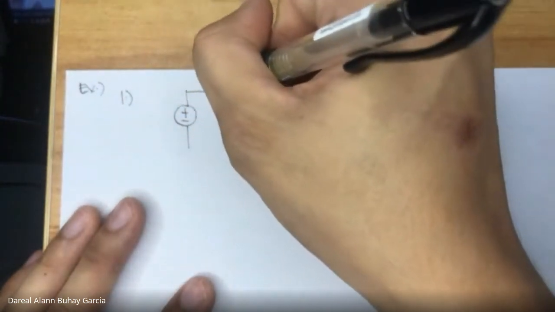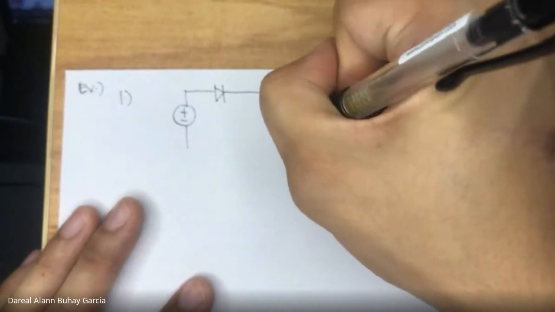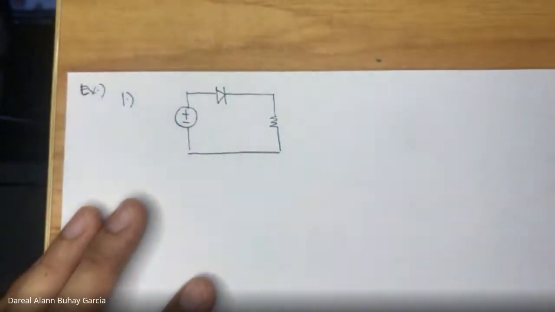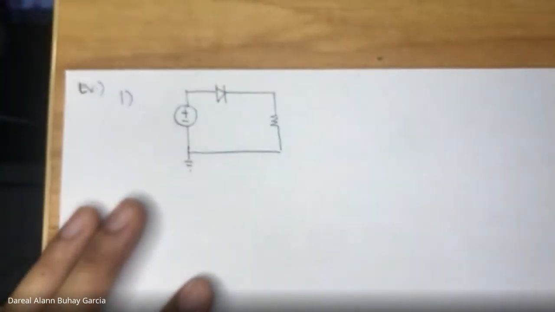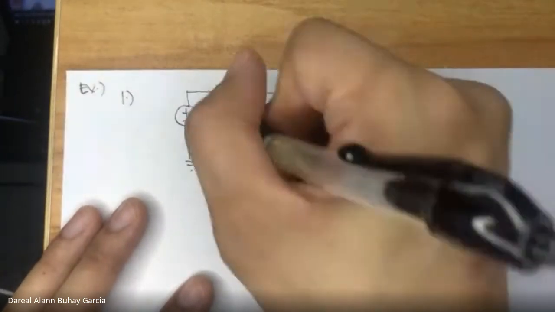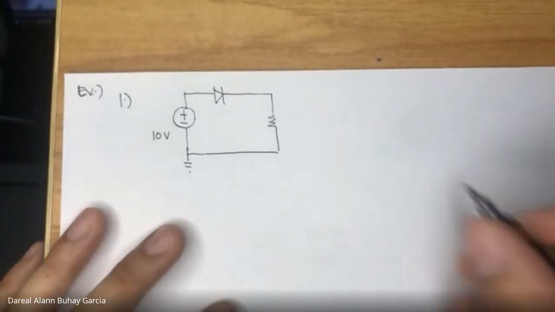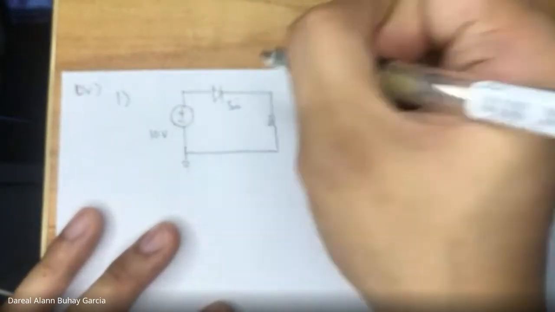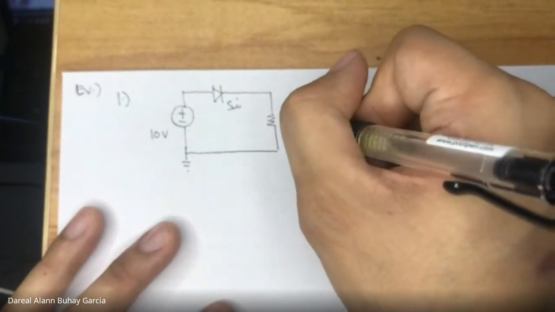We have a voltage source, in series with the diode, and this is the load, which is grounded. Let our source be 10 volts DC, our diode silicon, and our resistor 500 ohms.